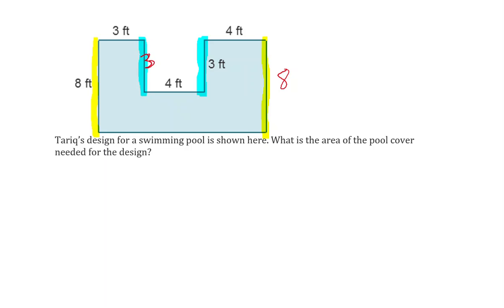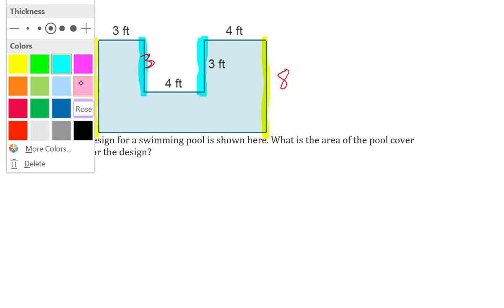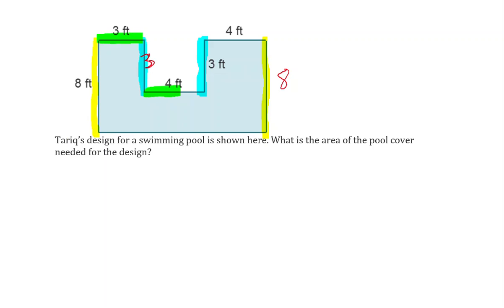And then if you look left to right, the sections that are left to right, 3, 4, and 4, you can almost think about it. If you moved that 4 up here, you would have this entire side length here.